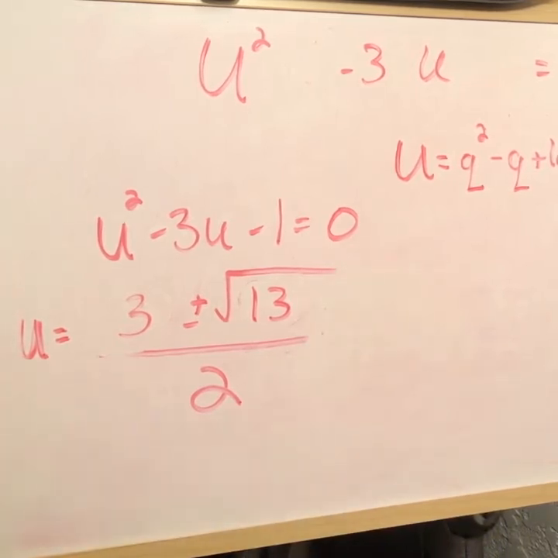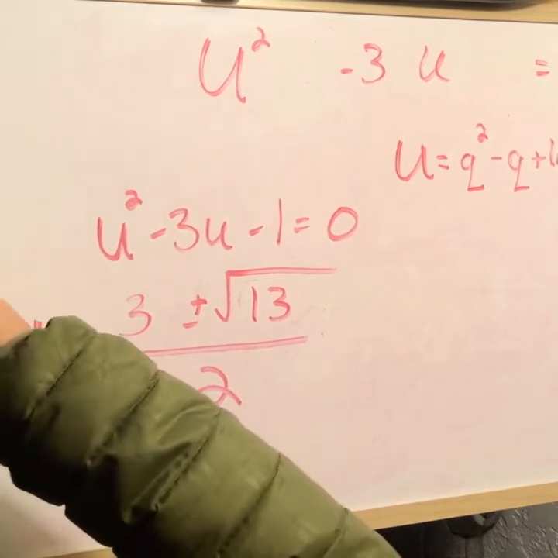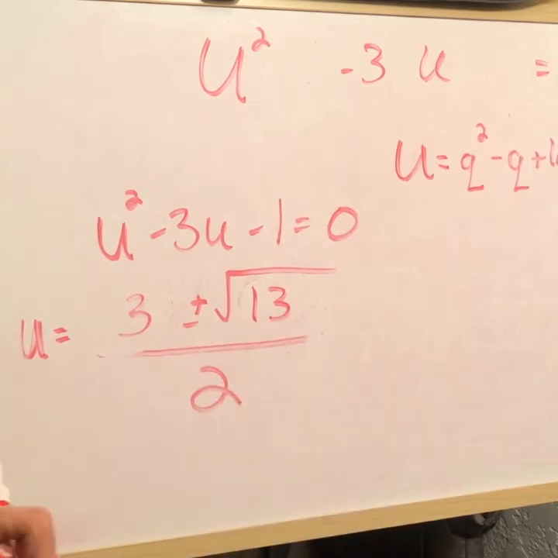And then, this isn't your answer though. You're going to have to actually create two different answers for this. All right, so with this, I'm going to get my calculator out, and I'm just going to estimate the square root of 13.